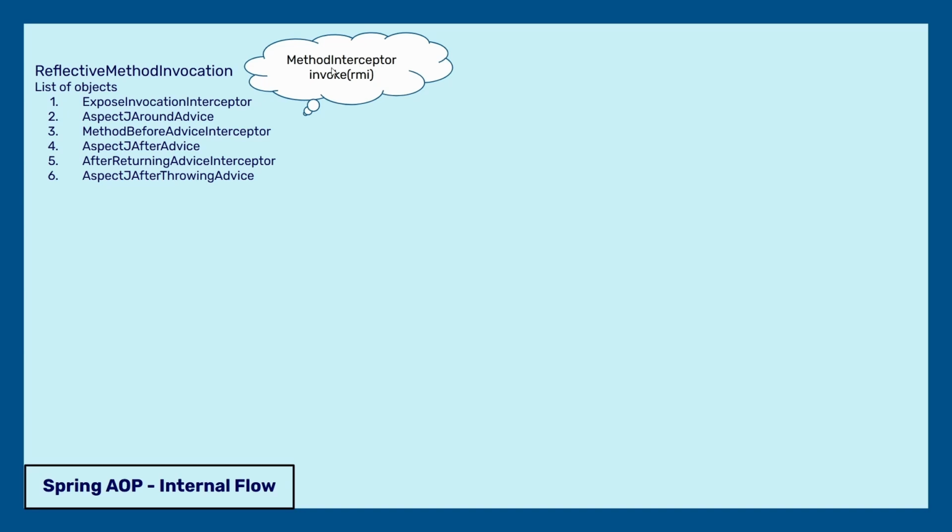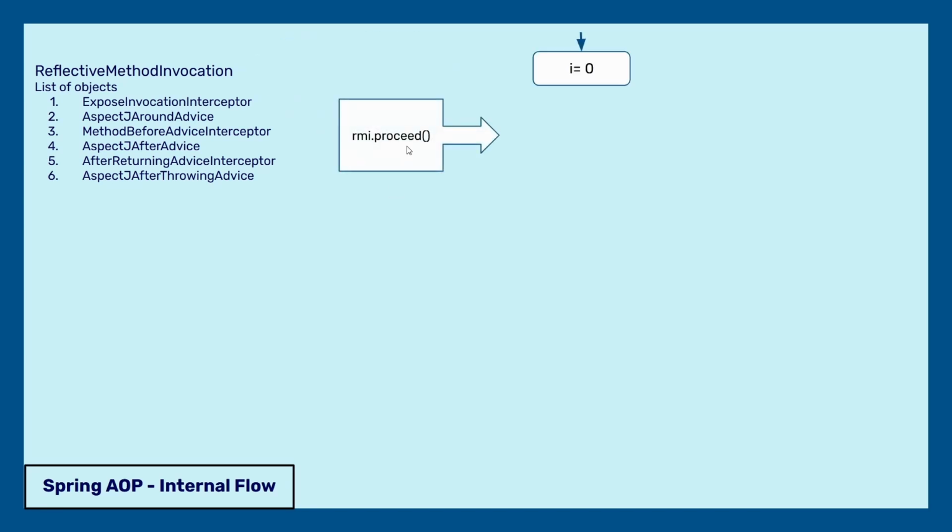And this MethodInterceptor has a method called invoke, and this invoke method takes MethodInvocation, in our case, ReflectiveMethodInvocation. So what exactly happens is when the proceed method within this ReflectiveMethodInvocation is called, the index is initially set to 0 and the proceed method is invoked.